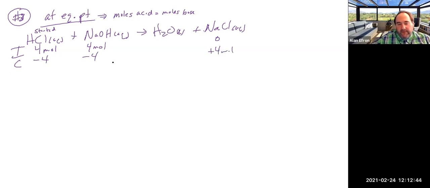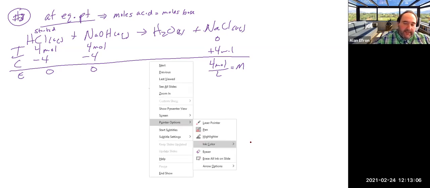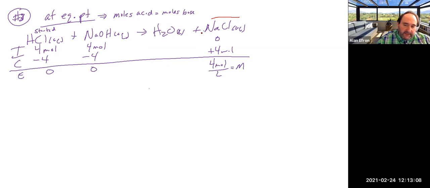That means when we do reach the equilibrium after we added it at the equivalence point, we would be left with 4 moles of our sodium chloride, which obviously we then could convert back to molarity by dividing by the total volume. So what we are left with at the equivalence point in this type of titration is sodium chloride.